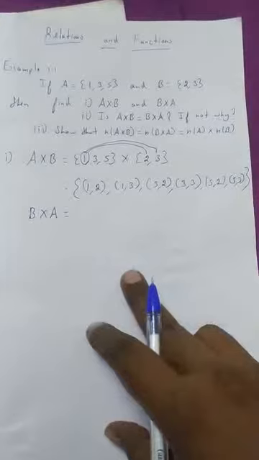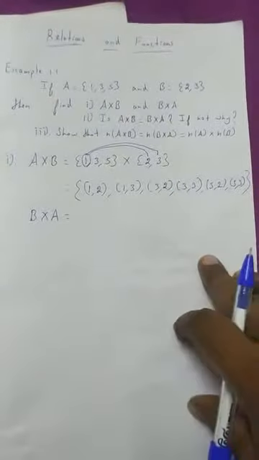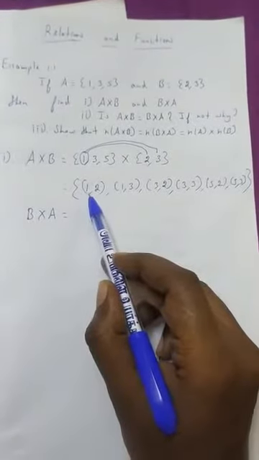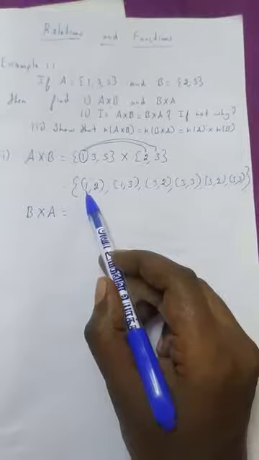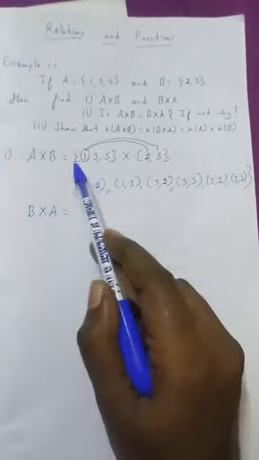I already told you, here we have one property, that is the first element of an ordered pair belongs to set A, that is the first set.